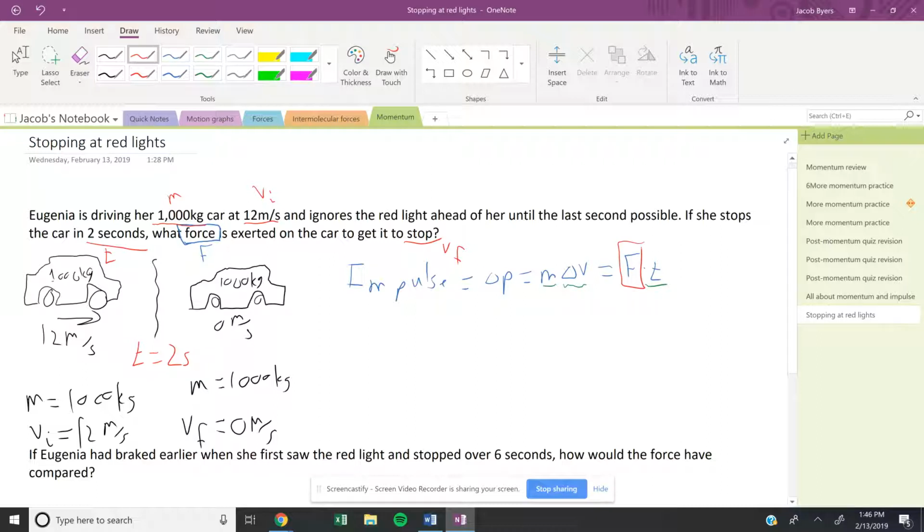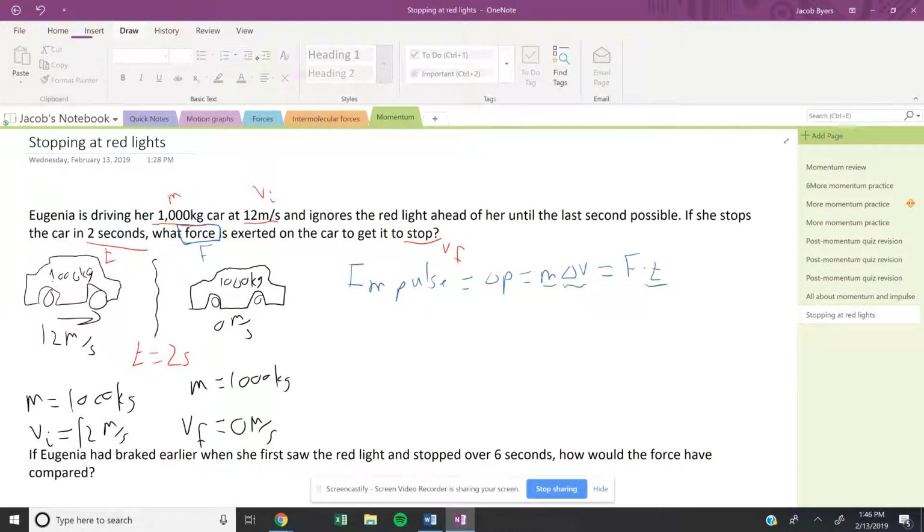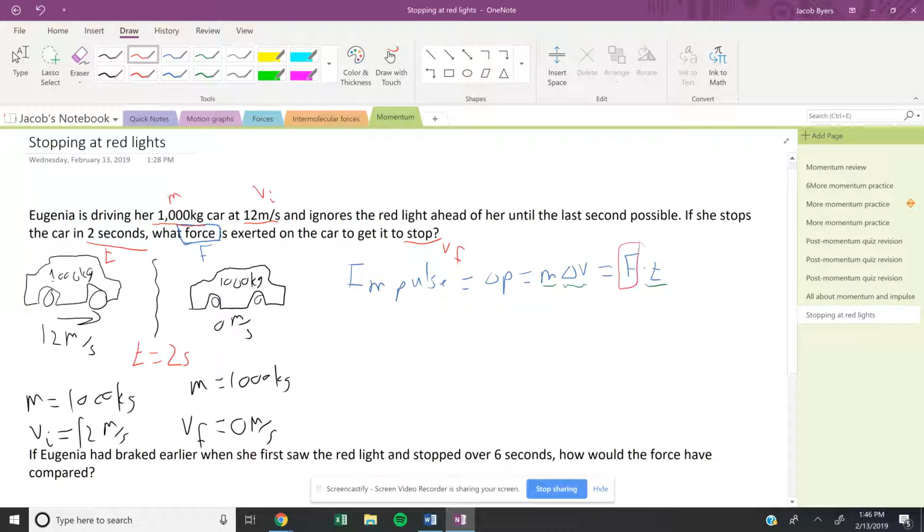So if we've got 1,000 kilograms, I don't want to do this in red, that's going to be awful. We're looking for this. Let's do it in black. So we've got 1,000 kilograms times my change in velocity, which is my final 0 meters per second subtracted from my initial 12 meters per second, equals my force, which is what we're looking for, times 2 seconds. 0 minus 12 is negative 12.